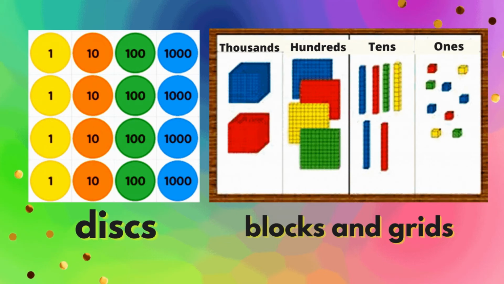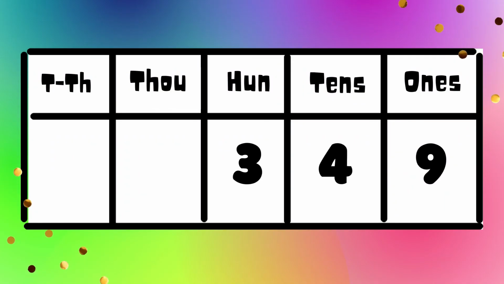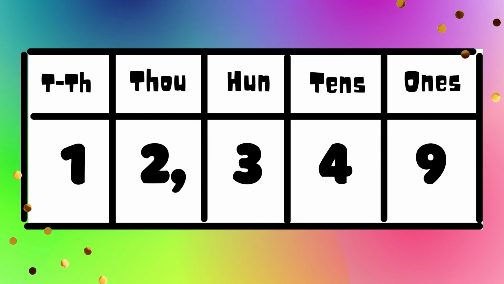The value of a digit is determined by the place value it occupies. The place values of a digit in numbers up to 100,000 are based on the place value chart starting from the right: ones, tens, hundreds, thousands, 10,000s, and 100,000s.